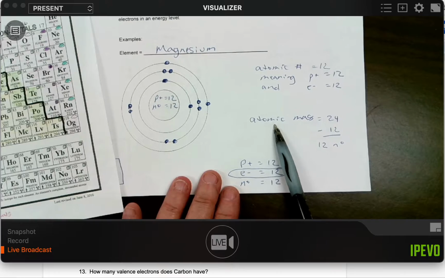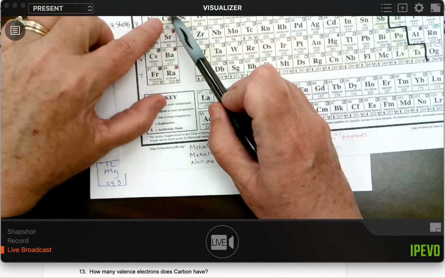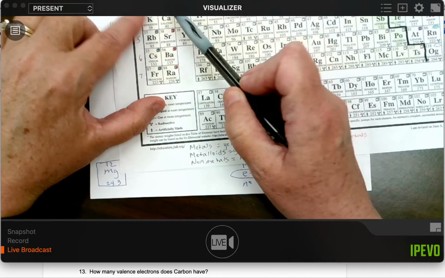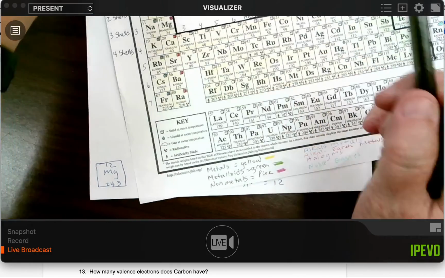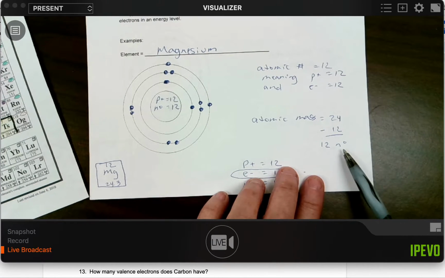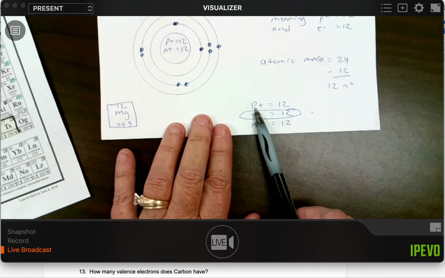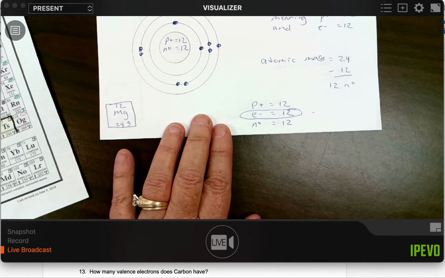I have to calculate my neutrons, so now I need the atomic mass, which is 24. So I take 24 and I subtract from that the number of protons, which was 12, and that gives me 12 neutrons. So now I have 12, 12, and 12.